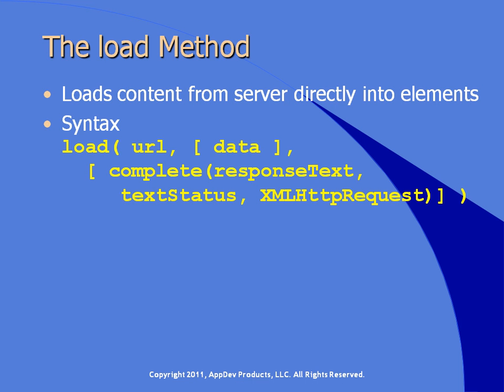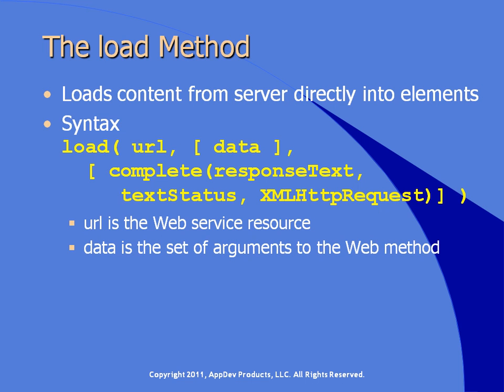It has a rather simple syntax that I show here, but it's surprisingly flexible despite its simplicity. The URL argument identifies the resource on the web server that you want to access, which, as you'll see shortly, can be a web service, server file, or other content sources. The data argument is the set of arguments sent with the request, and it can be a string, object, or an array.